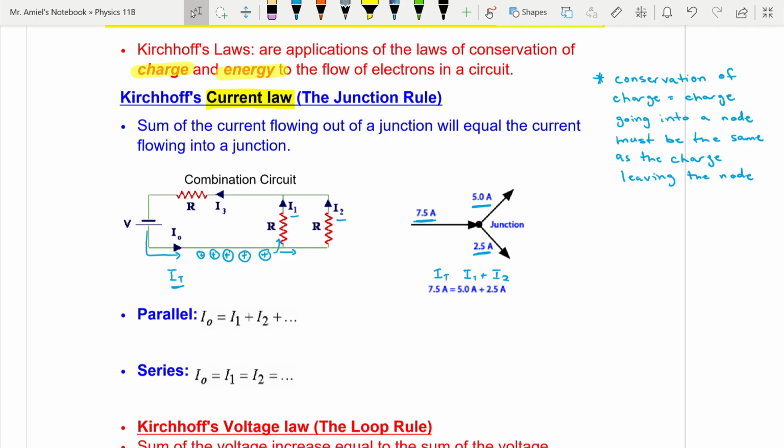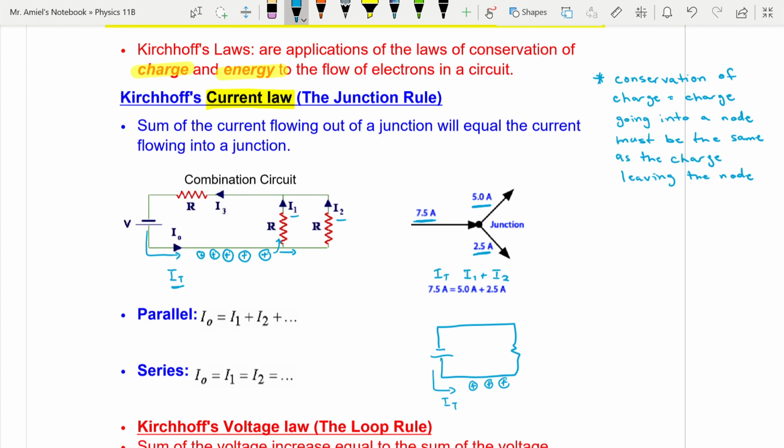However, if we've got a series circuit, so let's draw the same sort of thing, only now we're going in series. Well, now our charge coming here has got nowhere to go. So even though we know that we are going to lose some potential energy here, and our current is going to slow down, we're still going to have the same number of charges going here.